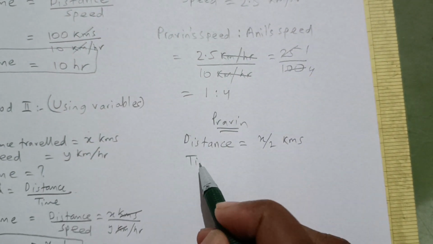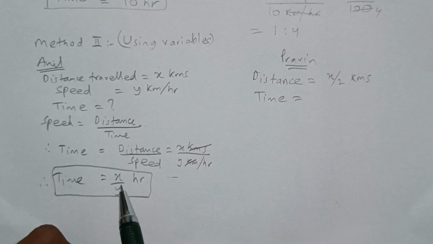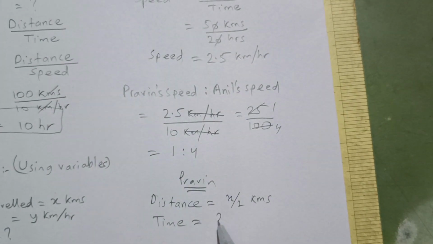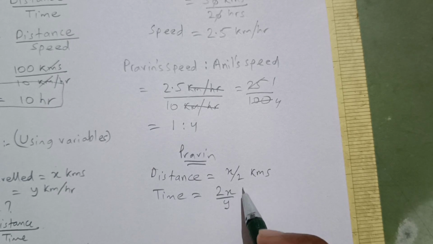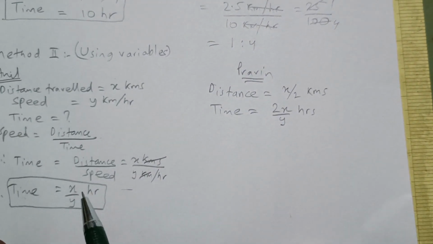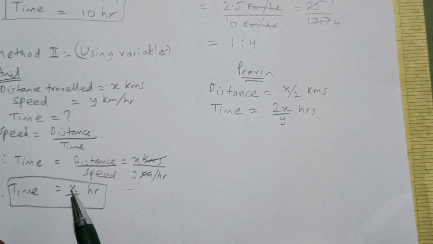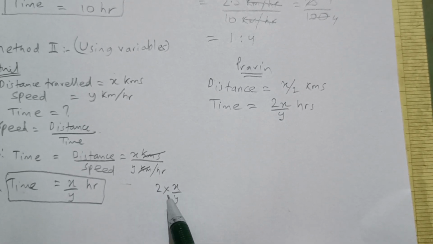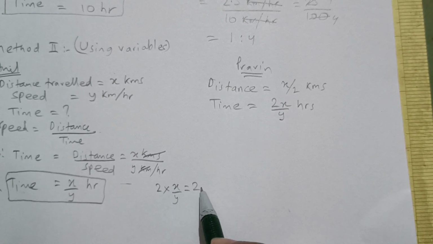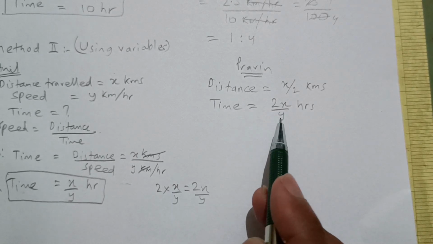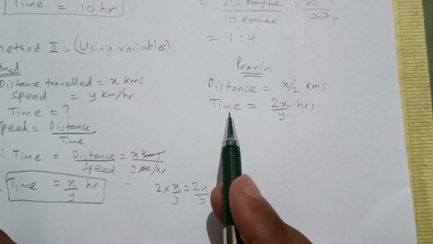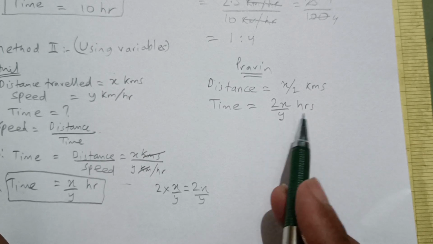Here the time taken by Anil is x by y. So double of x by y is 2x by y hours. So distance traveled by Praveen is x by 2 kilometers. Time taken by Praveen is 2x by y hours.